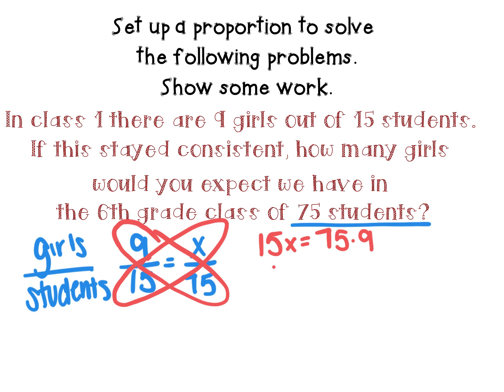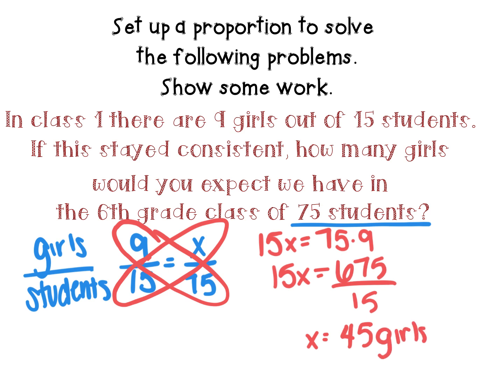I'm seeing on a lot of papers 15x equals 675, and then final step is to divide by 15, giving us x equals 45 should have been your final answer. What you should get in the habit of doing then, once you get that answer, what does the 45 stand for? So put that label on your answer, 45 girls.